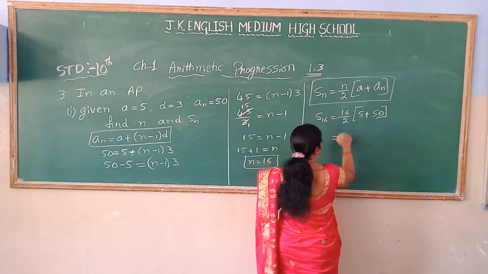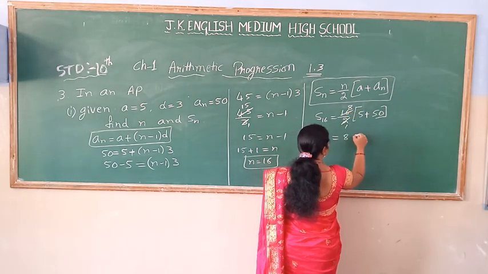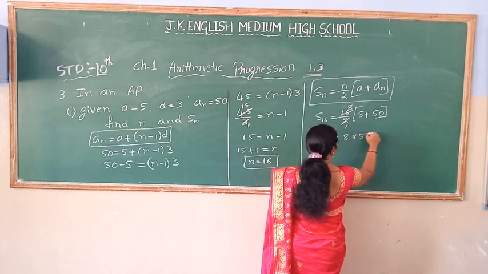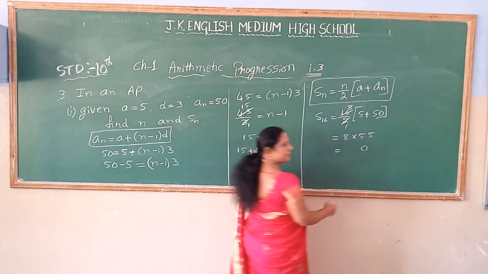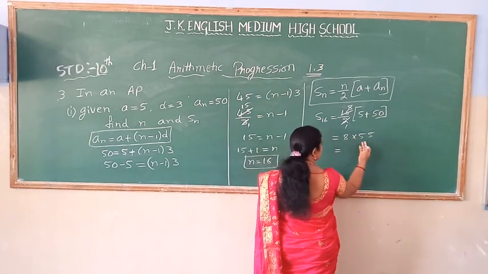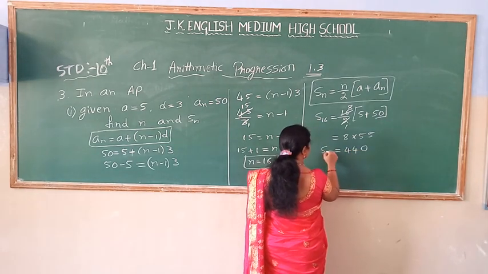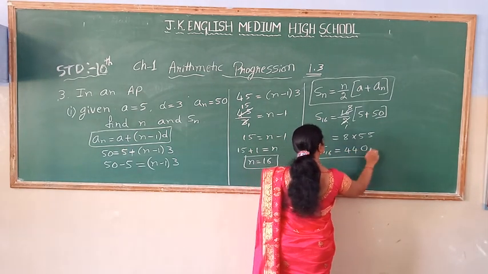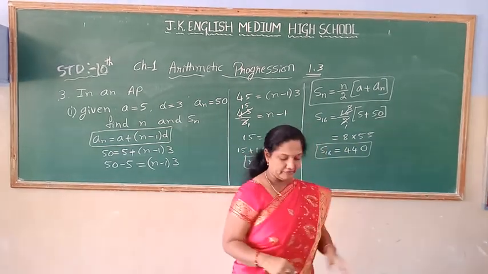Substitute and simplify. 2 ones are 2, 2 eights are 16. So 8 into 55. If you multiply, 8 fives are 40, 0, 8 fives are 40 plus 4, 44, 440 you got. So the sum of 16 terms of this AP is equal to 440, we got it.